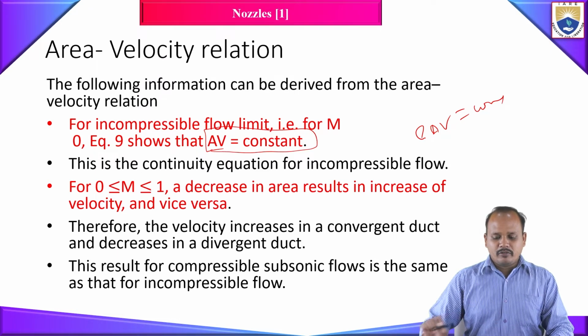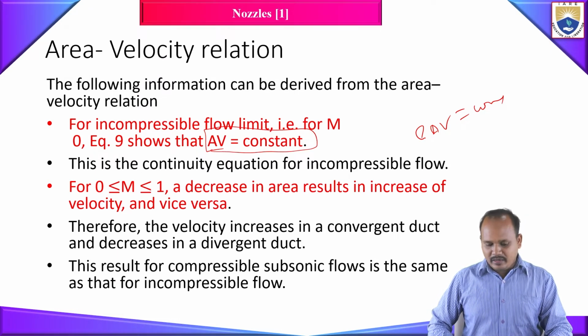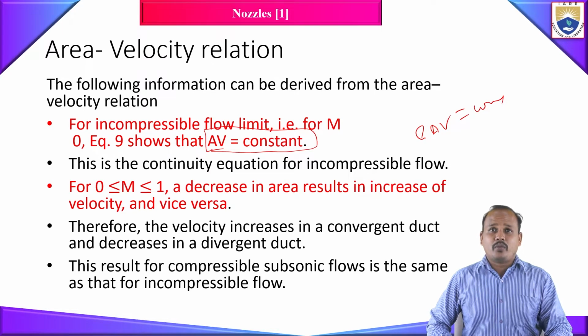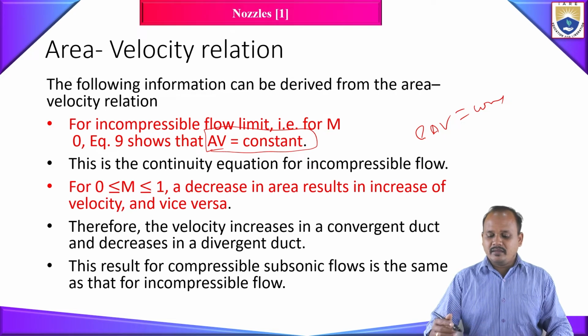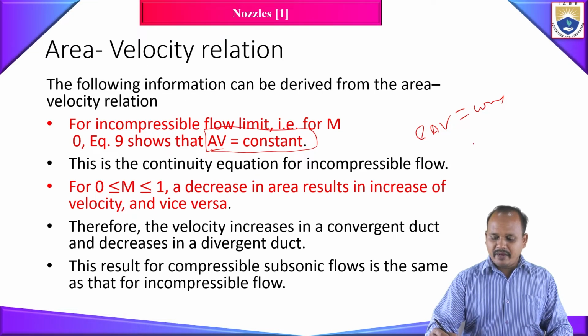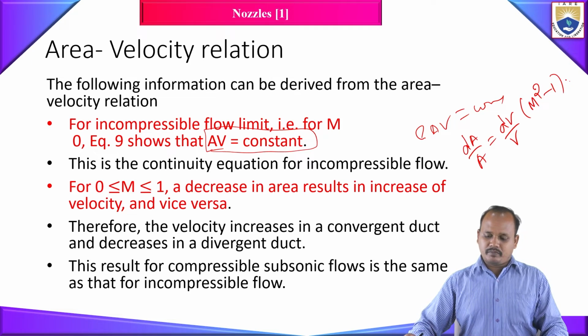Okay. So now, if I take Mach number greater than 0 and less than 1, what is that? Basically, it is subsonic flow. Okay, let's take a subsonic flow. We have the equation dA by A is equal to dV by V into (M square minus 1).